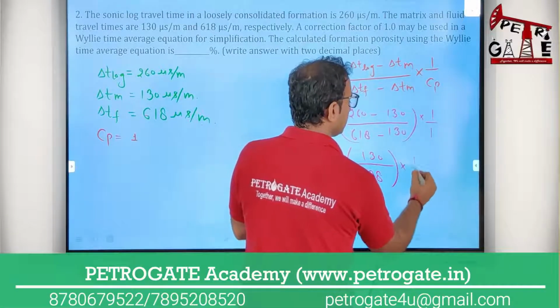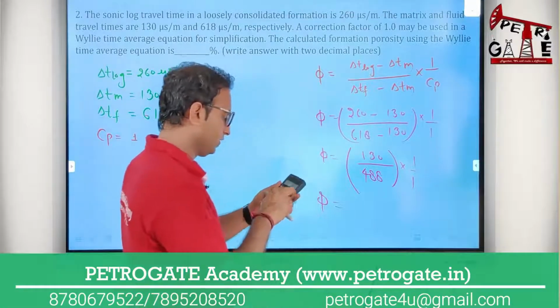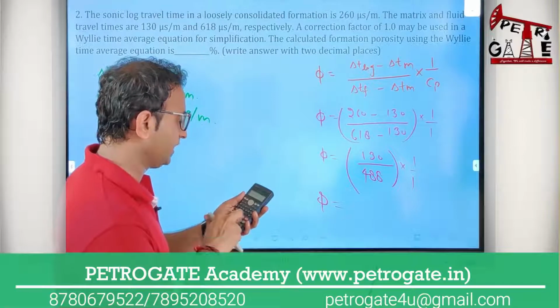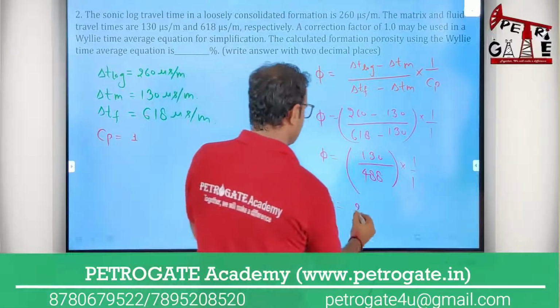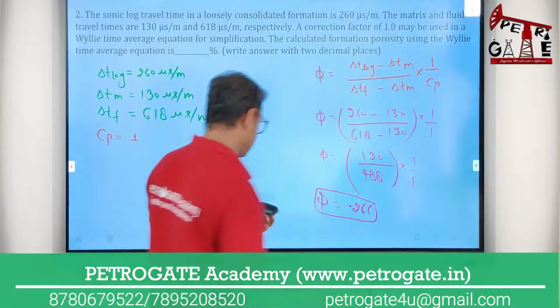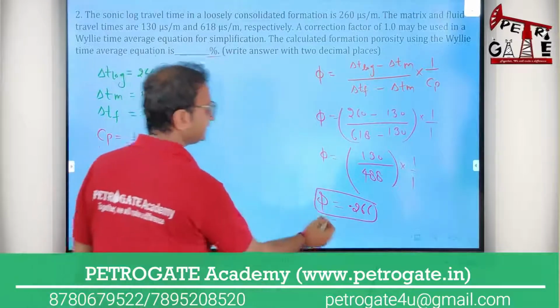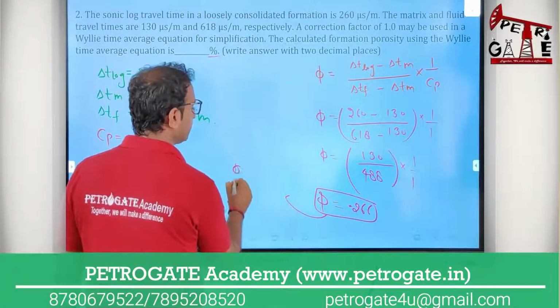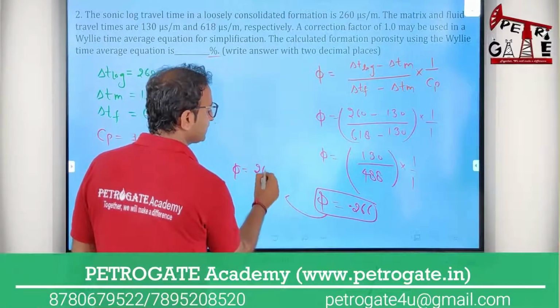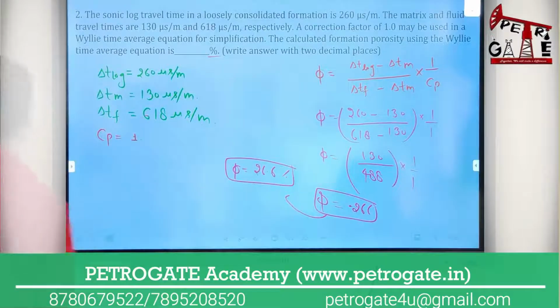And 1 by 1 makes no difference here. So phi equals 130 divided by 488, which gives 26.666, meaning 0.266. He is asking in percentage, so phi equals 26.6%.